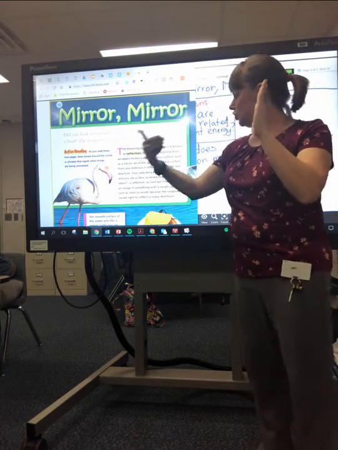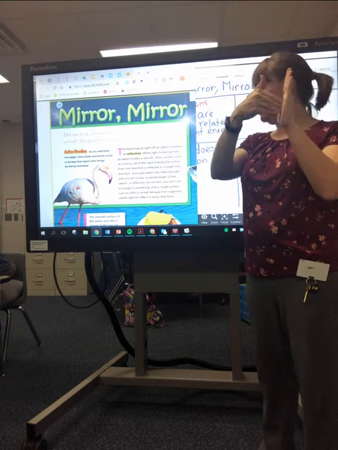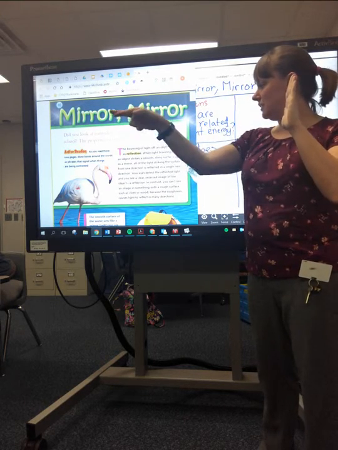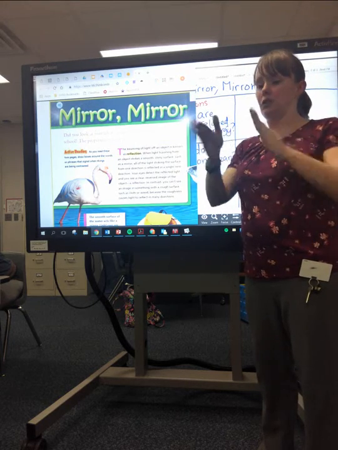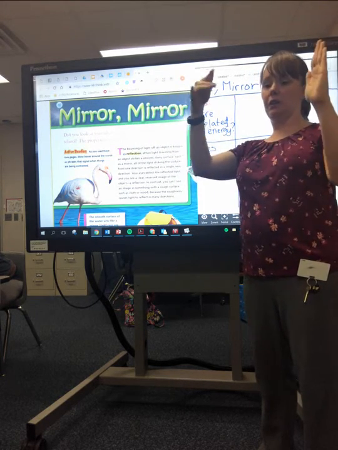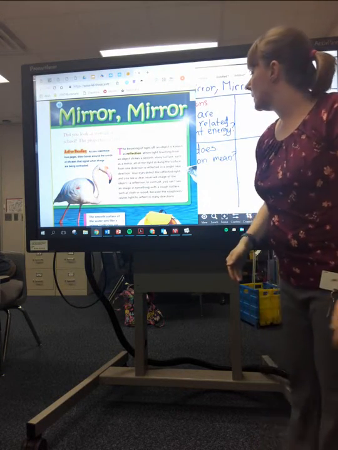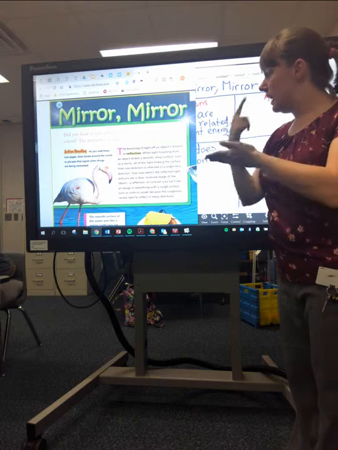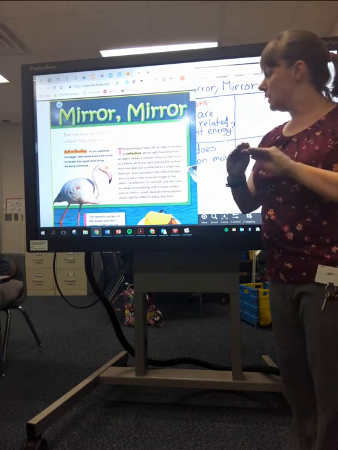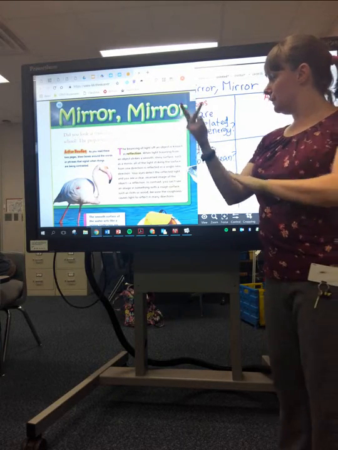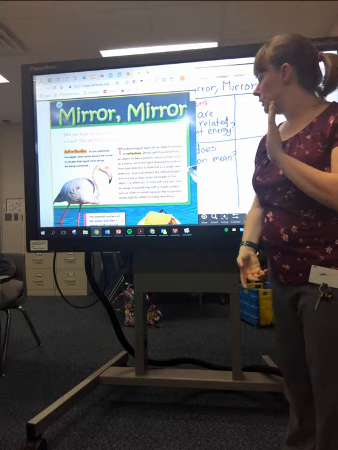All the light striking the surface from one direction is reflected in a single new direction. So it's going, going, going, hits, and then goes in a new way. Your eyes detect the reflected light, and you see a clear, reversed image of the object, a reflection.